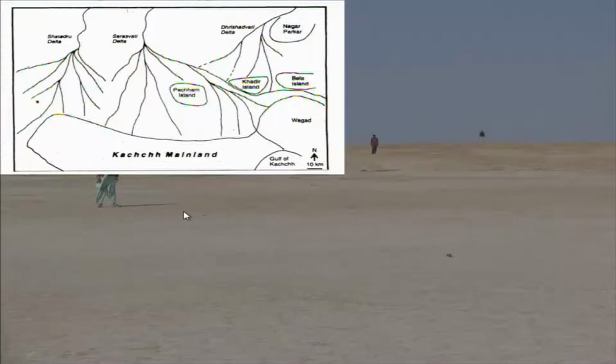Now, this is what we suggested, and this is fairly acceptable: when you have a low sea level, the fluvial activities will extend further towards the ocean.